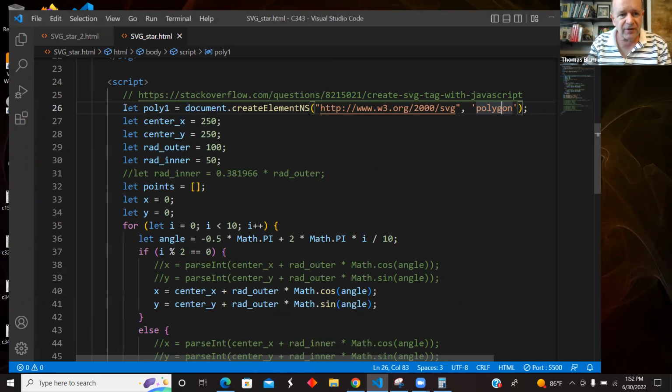So that's what I'm defining here. I created the element NS of the type polygon. Its attribute is just these points, but in order to get those points, I'm going to use that geometry I just showed. So I wanted a center X, a center Y, an outer radius, and an inner radius, and I declared variables for all of those.